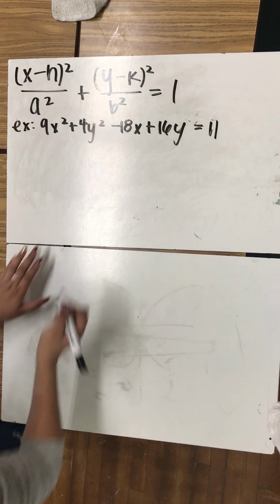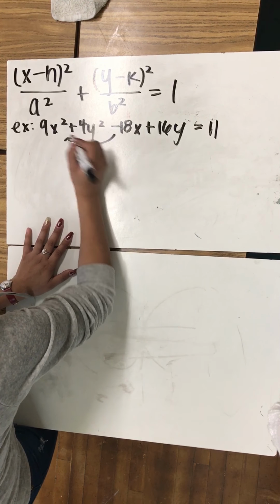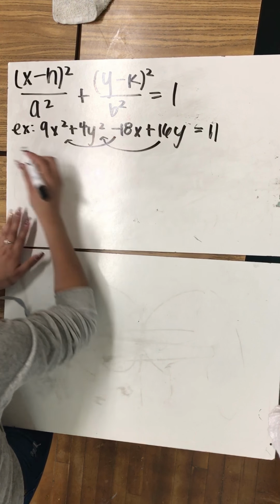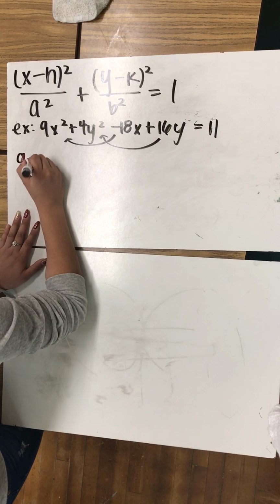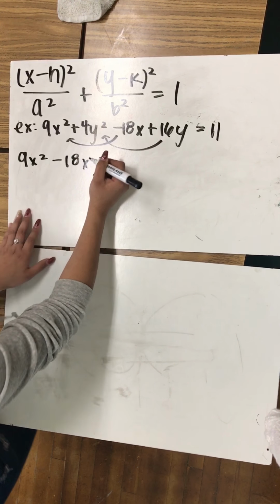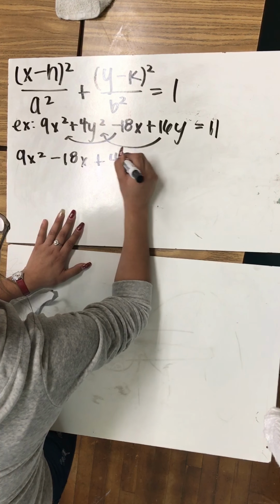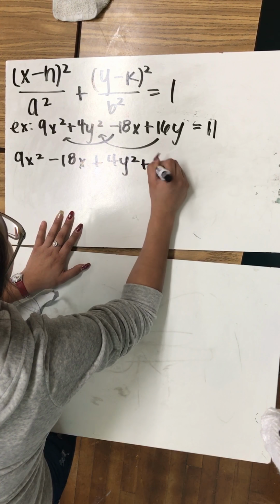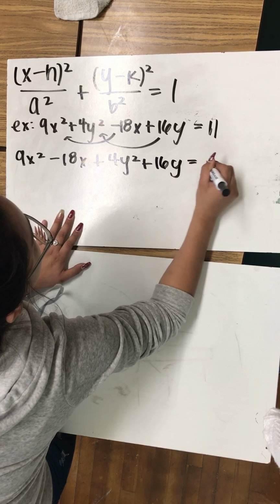So in order to make it easier on us, I'm going to move the x's together and the y's together. So now it's going to be 9x squared minus 18x plus 4y squared plus 16y equals 11.